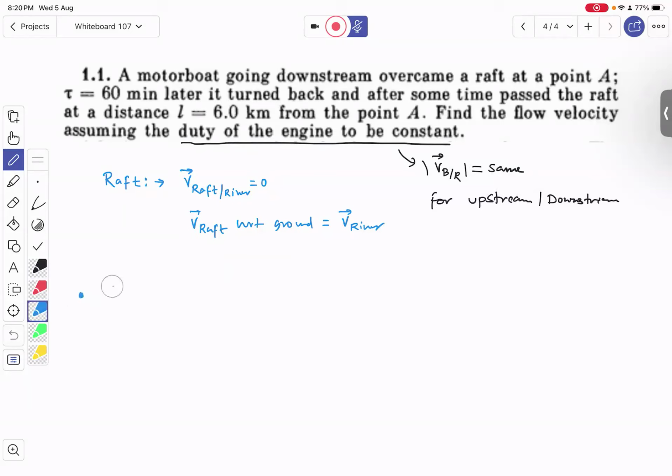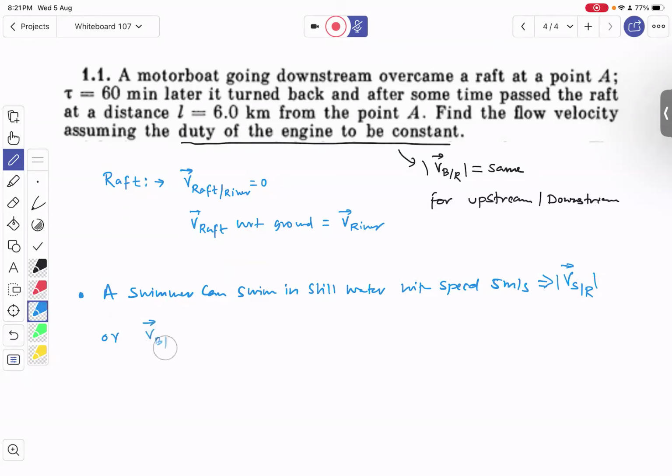Sometimes it will be told like this: a swimmer can swim in still water with a speed of 5 meters per second. That is a way of telling you that the speed of the boat or the swimmer with respect to the river is equal to 5 meters per second.